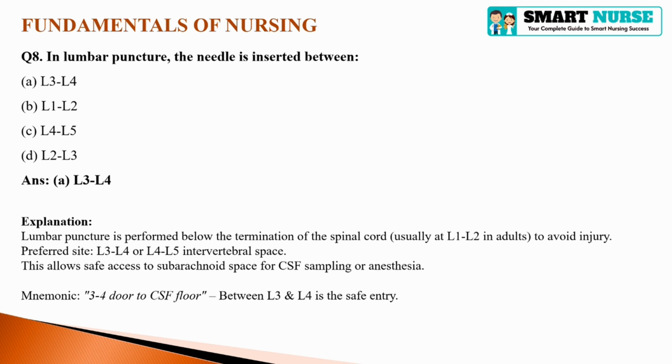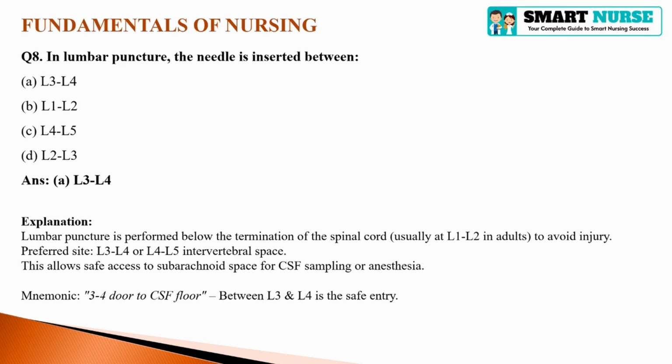Mainly the spine is divided into 5 regions, with 33 vertebrae in total: cervical, thoracic, lumbar, sacral, and coccygeal. Cervical has 7 vertebrae, thoracic has 12, lumbar is 5, sacral is 5, and coccygeal is 4 fused vertebrae. So these are the 5 parts of the spine.